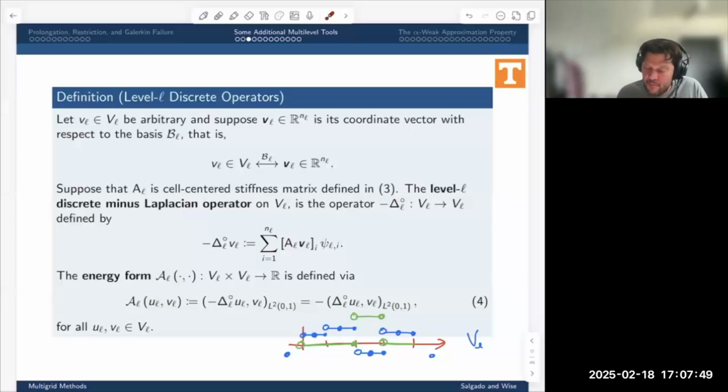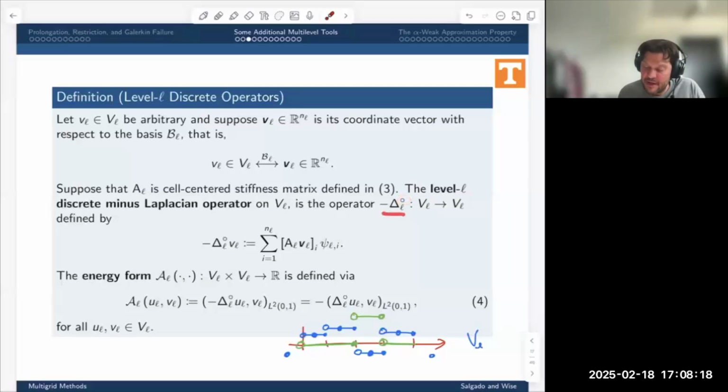So why do I say interior? That's because I'm not including any ghost cell information. That'll be my notation always for interior Laplacian. That means basically the boundary conditions are built into the definition of the operator, not left as separate boundary conditions. But you can ignore that for right now.